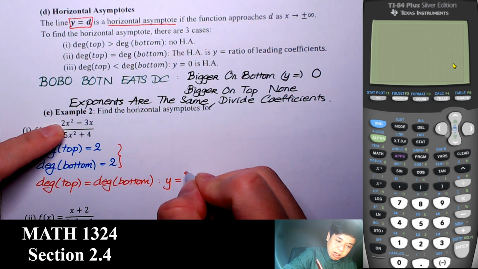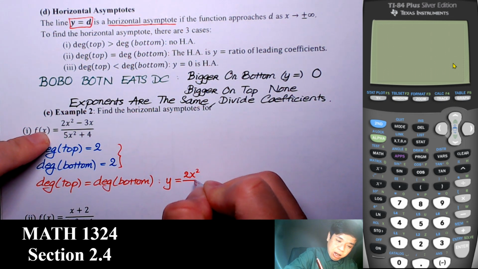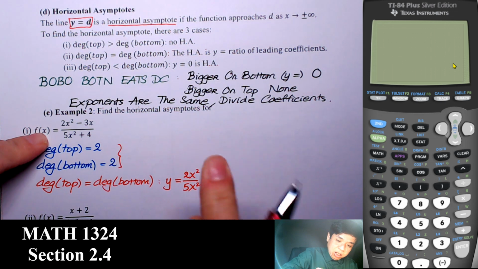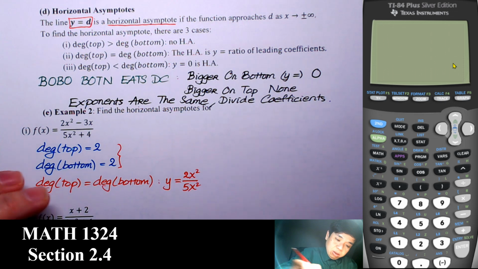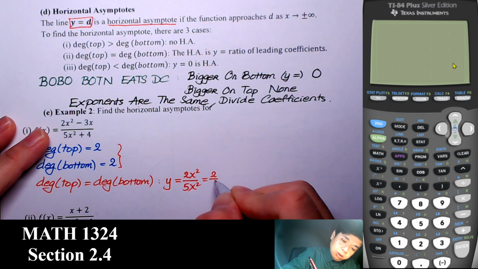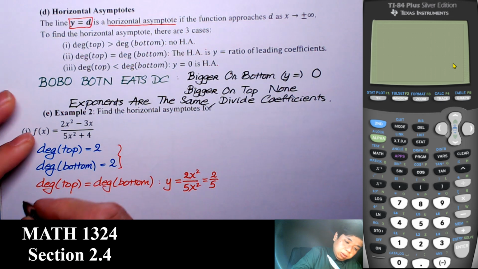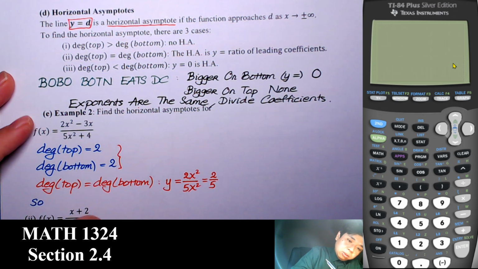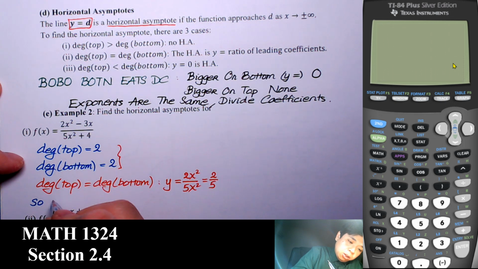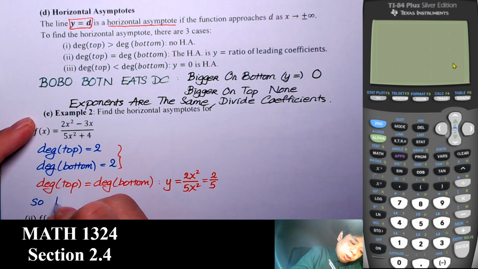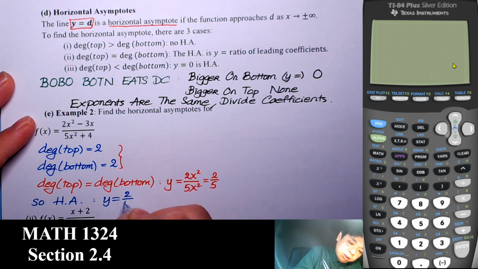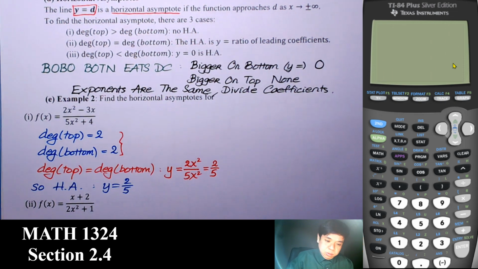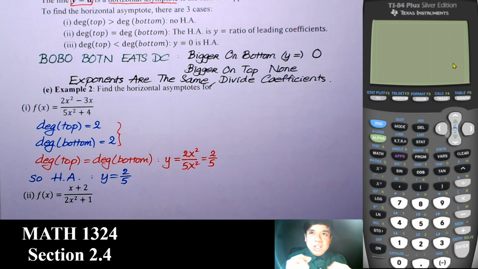We check the highest power on the top, highest power on the bottom, because the degrees are equal, they cancel out, and we just have 2 over 5. So we have the horizontal asymptote y equals 2 over 5. Right, now we'll just finish this and then we'll discuss another way to do this.